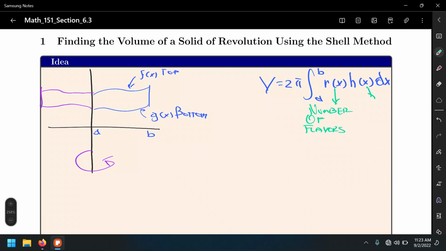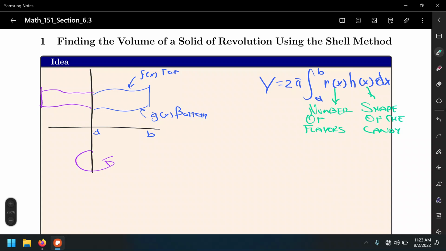Number of flavors. But what about h of x? h of x defines the shape of the candy, and that's always the top minus bottom thing in this case. Well, initially it might be weird.